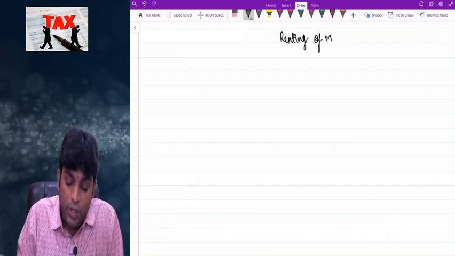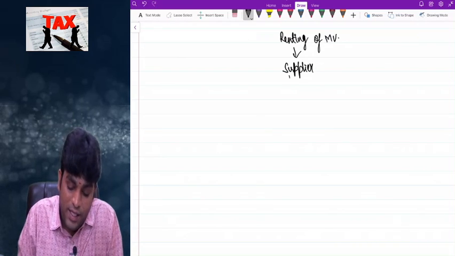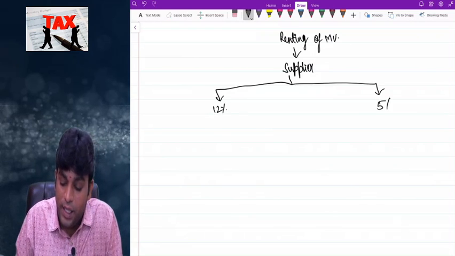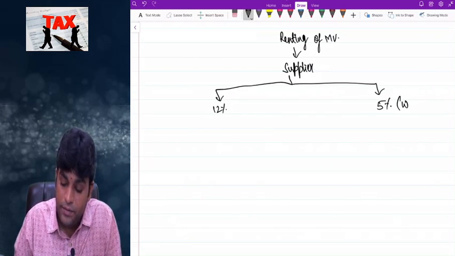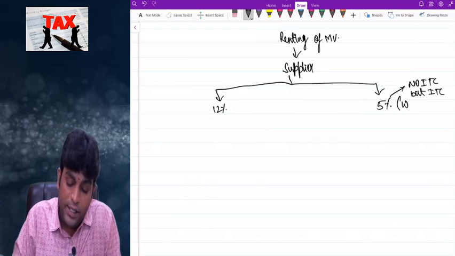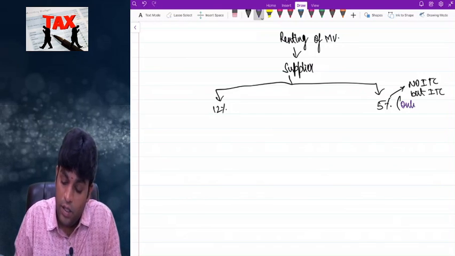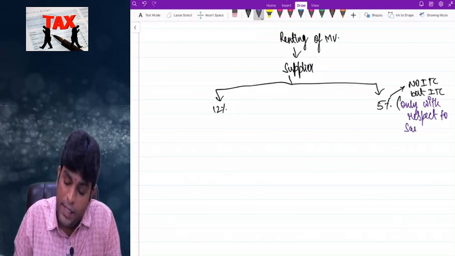When we talk about renting of motor vehicle, whoever is the supplier has an option to opt for 12% or 5%. In the 5% case, no ITC, but ITC only with respect to the same business.